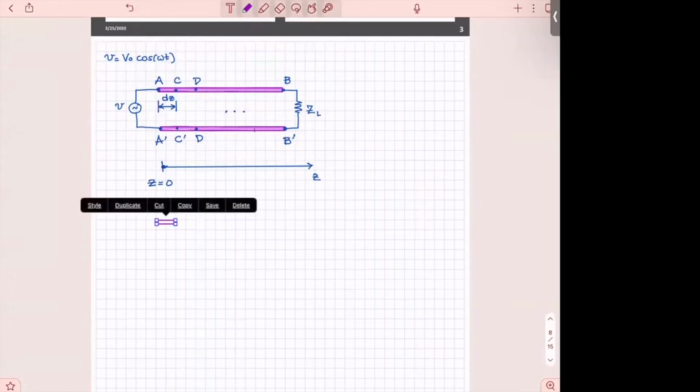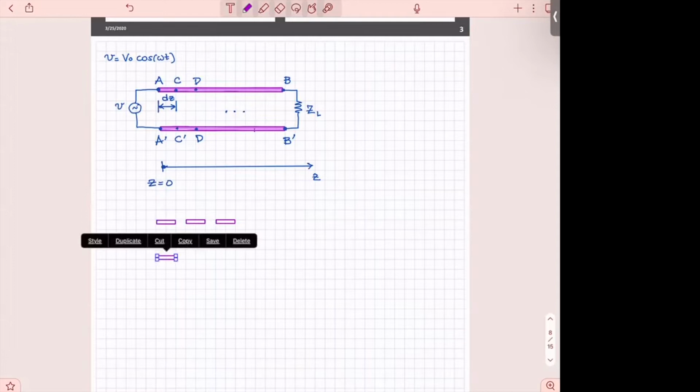Then duplicate this one, and then here, here, and here, and so forth.